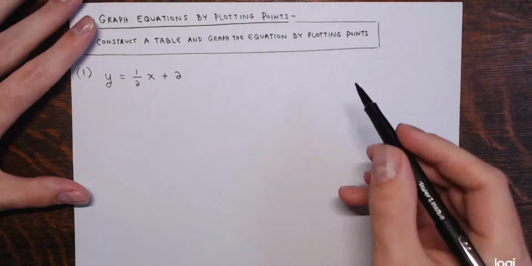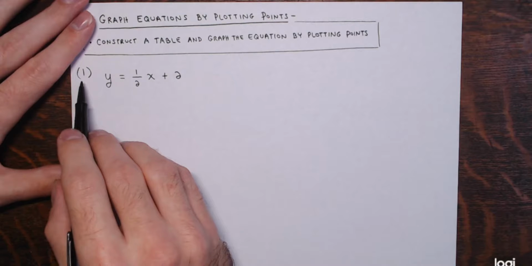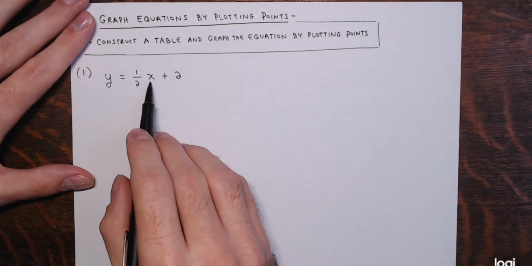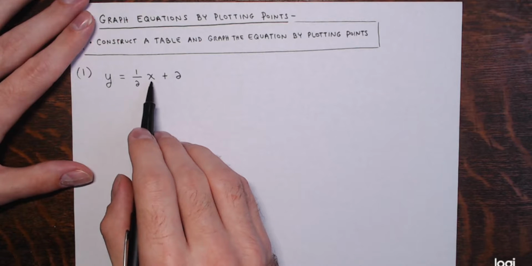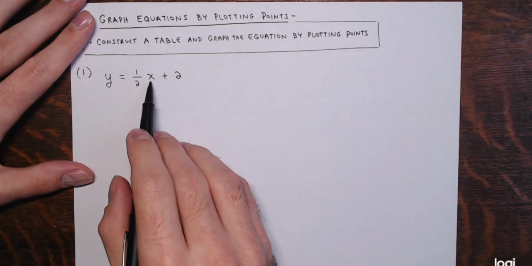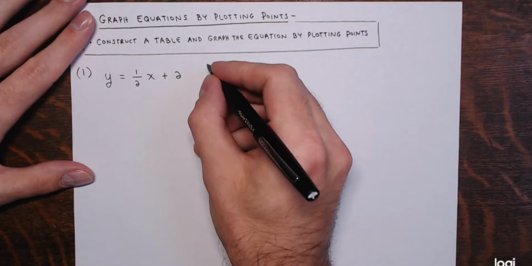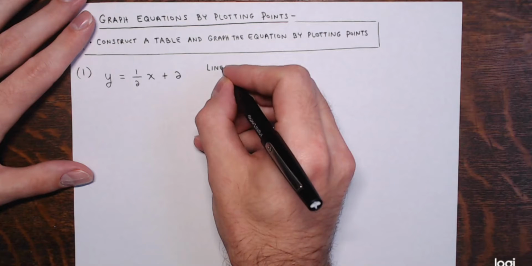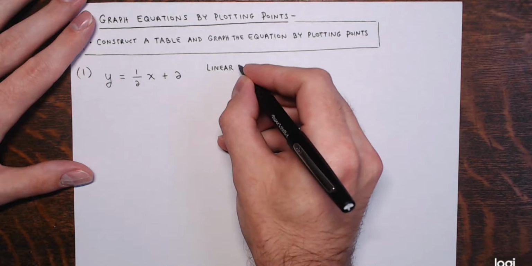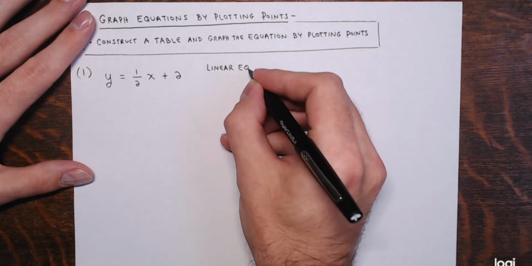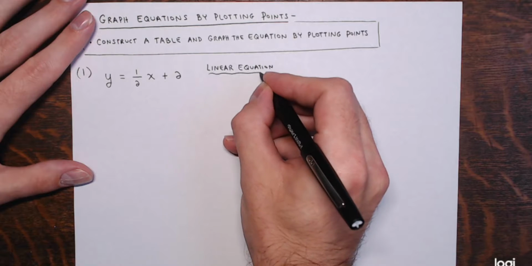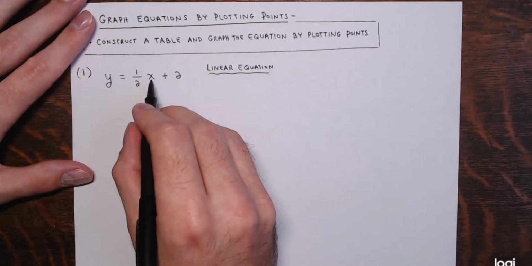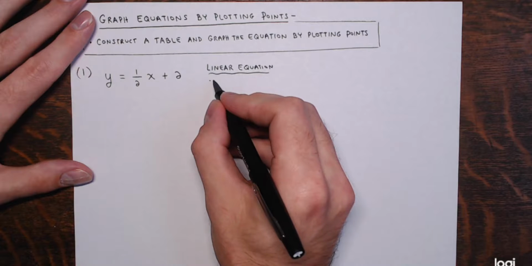Okay, so off to the right here, number one, I have the equation involving an x and a y, and you'll see that every equation that I'm going to be doing in this video is going to be a linear equation. A linear equation in two variables, an x and a y, has a graph.